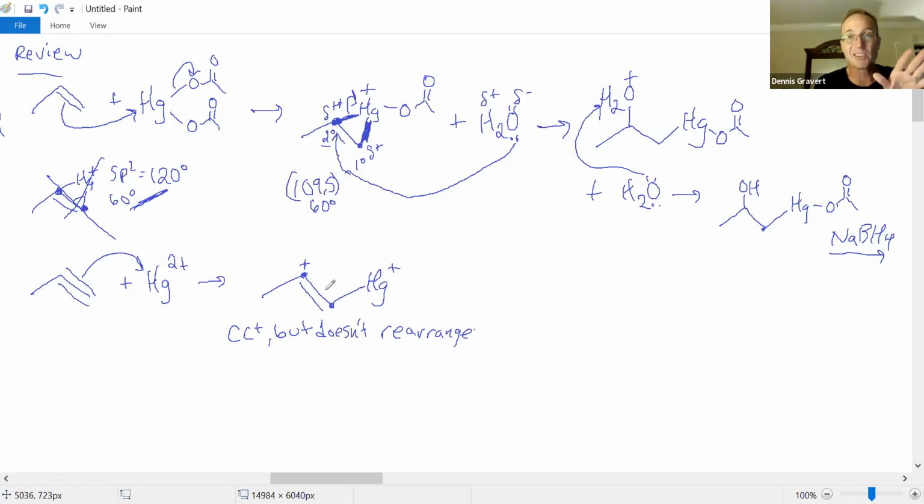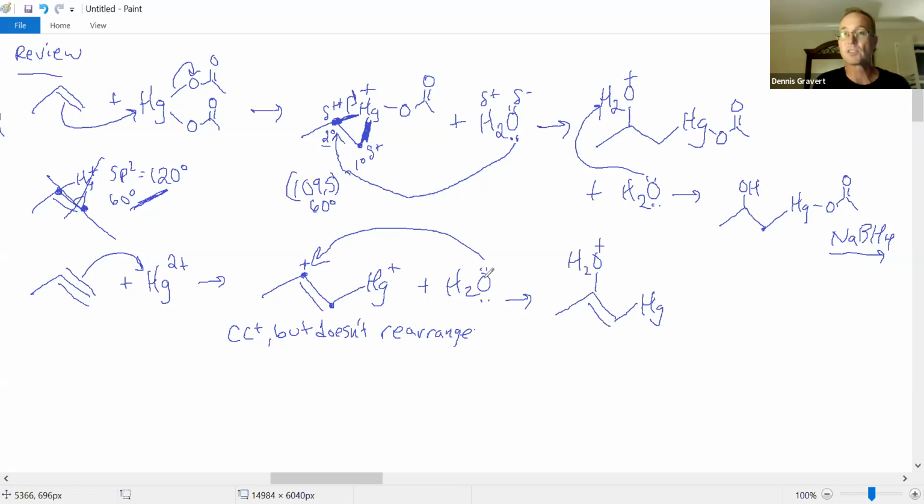So yeah, I don't like the carbocation, but it does explain my Markovnikov addition, because the water, just like the water up here attacked the delta plus, the water's going to attack the full plus. Okay, and the oxygen uses a lone pair and drags the 2 hydrogens along.